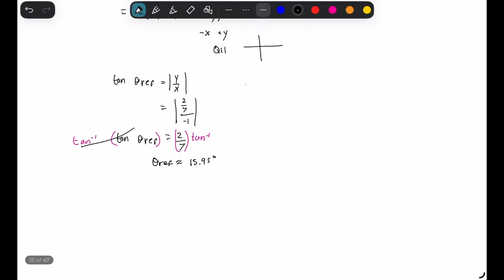Now your final directional angle is going to be 180 degrees minus that 15.95 degrees. Approximately 164.05 degrees is going to be theta.